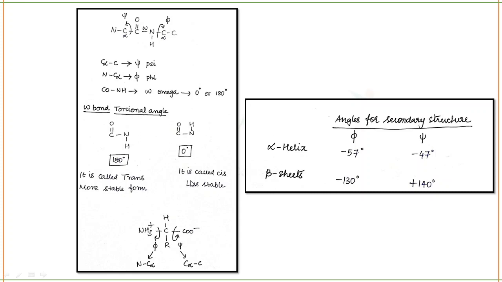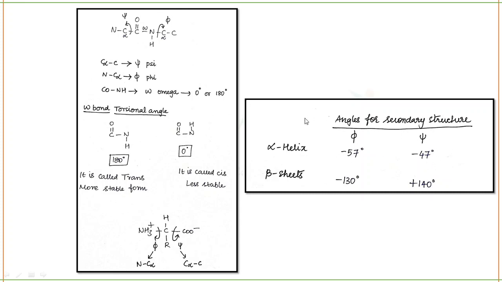These angles will tell us if a particular protein structure can be allowed or not, which means whether it has minimum steric hindrance and is able to rotate properly. All these things we can understand with the Ramachandran plot. So, angles for secondary structure. Alpha helix is permitted in the region minus 57 degree for phi and minus 47 degree for psi.